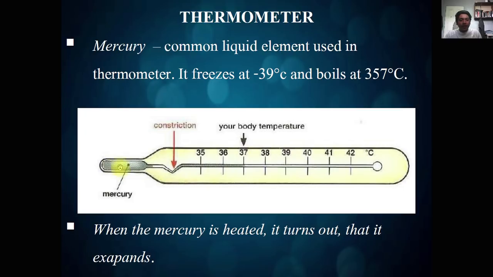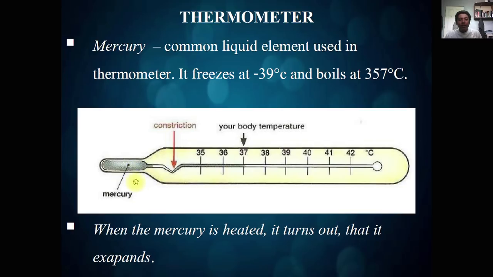If this thermometer is used to measure your body temperature, it is put in your armpit. For example, if you run a fever and your body temperature goes up, your mother, the doctor, or the nurse will try to measure your temperature by placing a thermometer in your armpit.